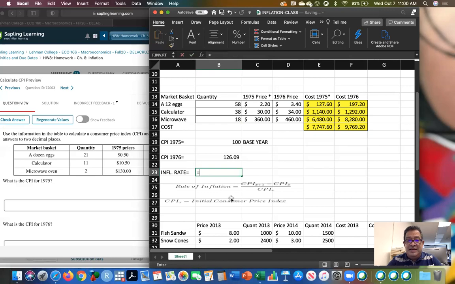I'm going to say equal, and open a parenthesis because I want these numbers to be first subtracted and then divided. So I'm going to subtract the new CPI minus the old CPI and then divide it by the old CPI, and that's going to be my rate of inflation.